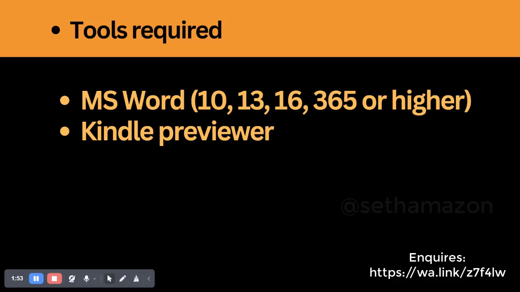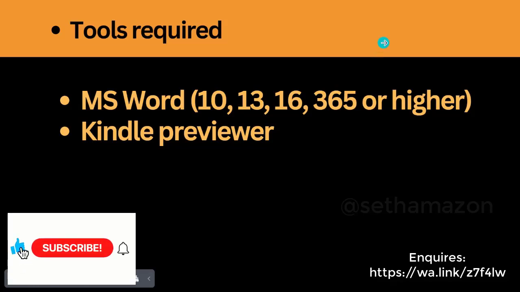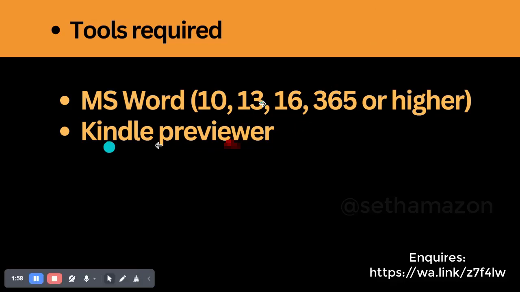Secondly, you would want to get this app called Kindle Previewer. This is one major reason why I said that to be a professional in publishing, you need a PC because these tools are only available for PC.